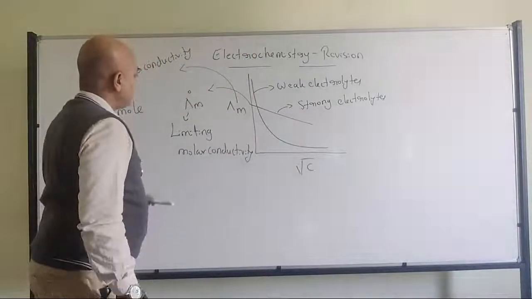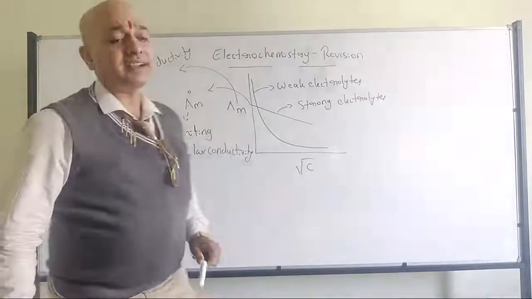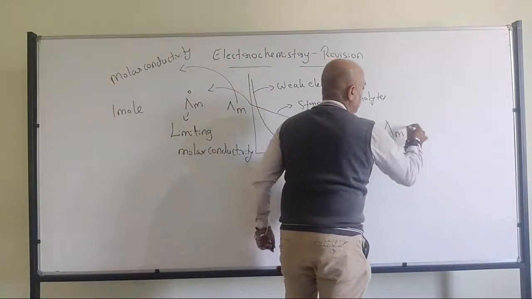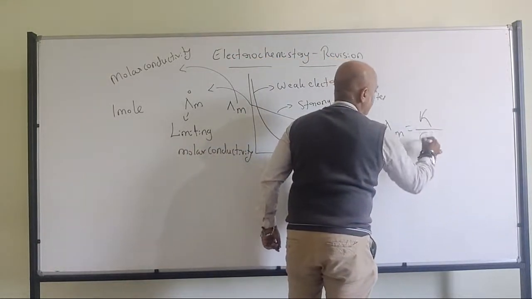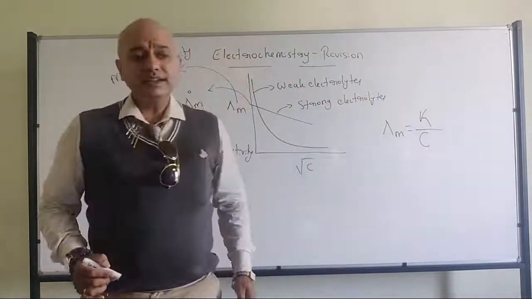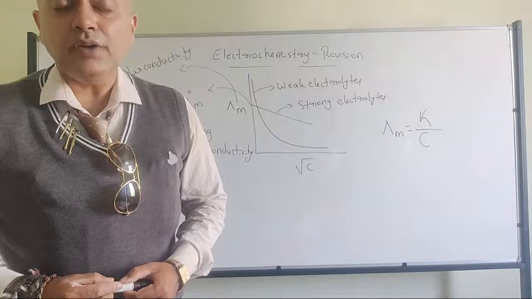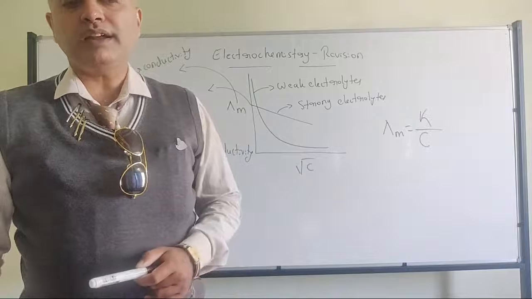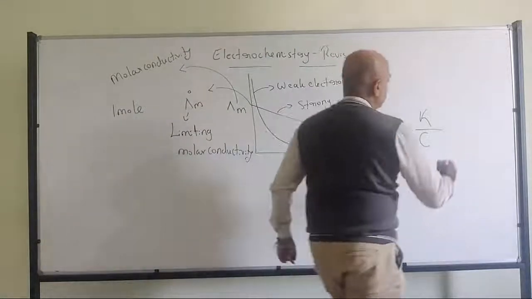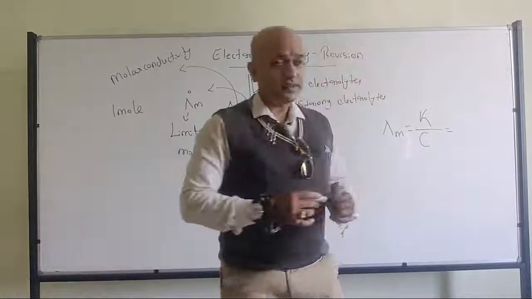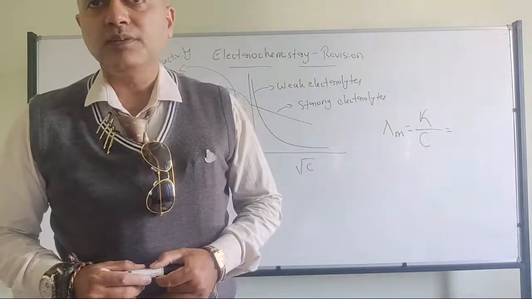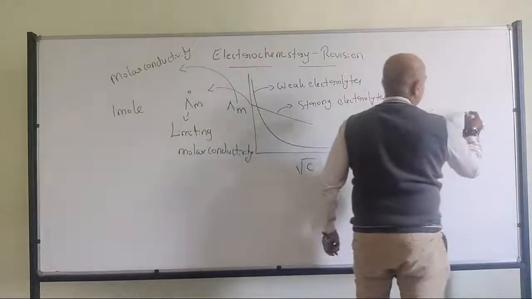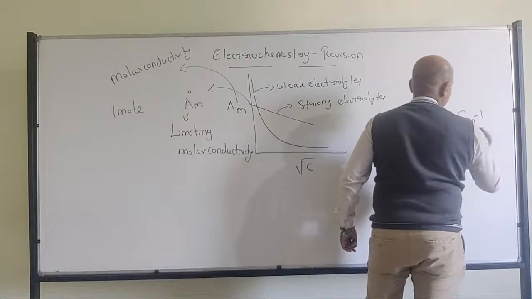Now observe carefully. When I am talking about molar conductivity, it is equal to kappa divided by C. If I want to see the unit for molar conductivity, what is the unit for kappa, that is conductivity? It is Siemens per meter.